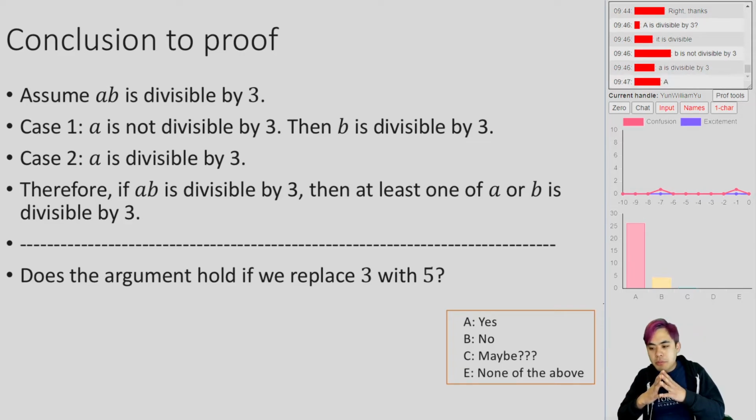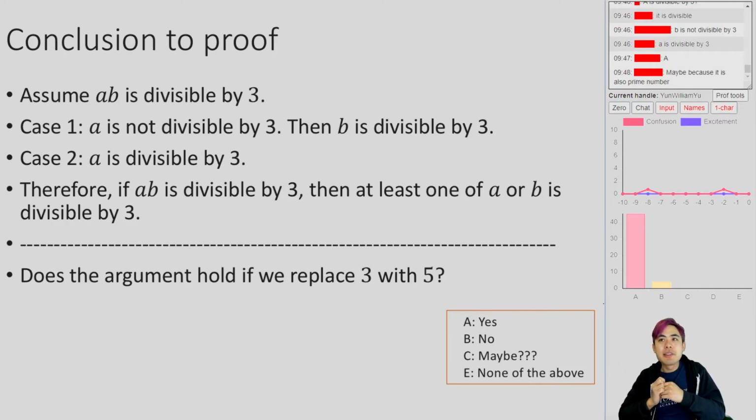Okay, so we have most people saying yes, a few people saying no. Most people are saying yes. That is indeed correct. Maybe because it's also a prime number. Yes, that is exactly the reason why it still works, and we'll see that in a moment when we see what happens when we replace it with something that isn't prime.